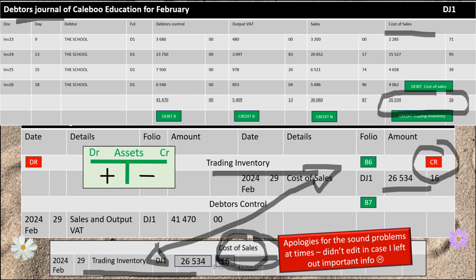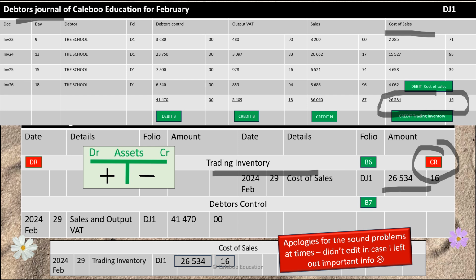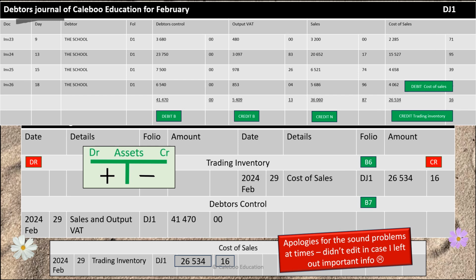Now also on this page, I have another account in front of me that I haven't dealt with yet, debtors control. Now the control account, remember I'm looking at the accounts in the general ledger.